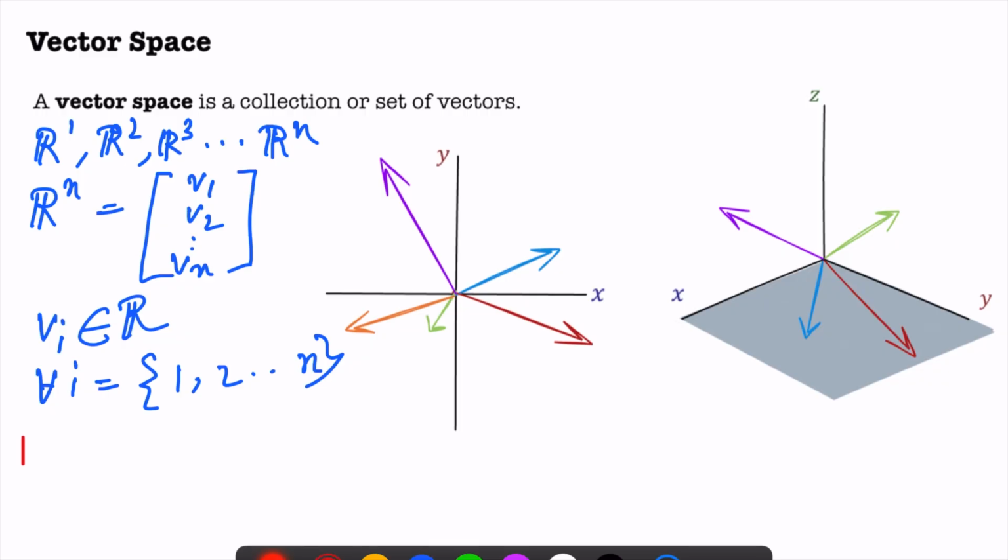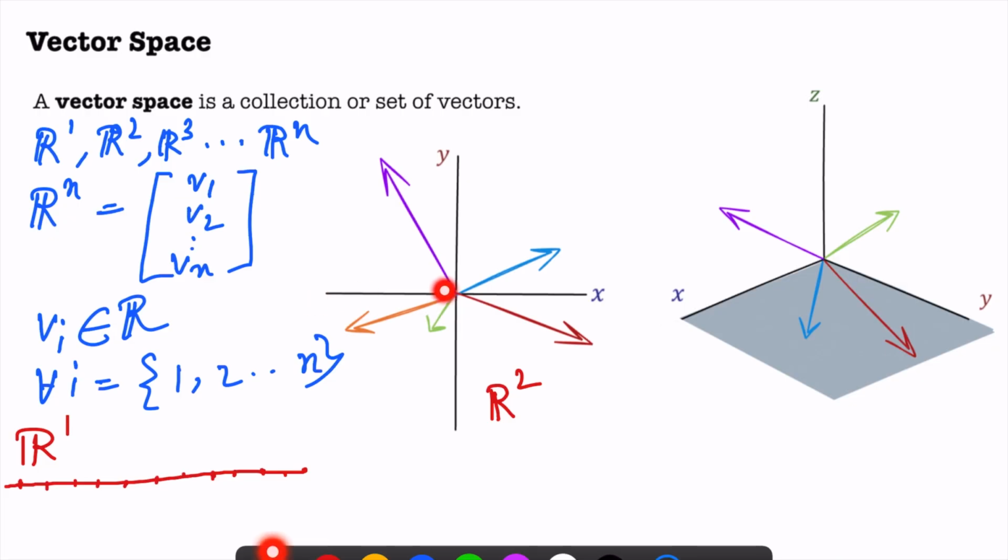Now what is R1? R1 is a line. It contains all the vectors with one dimension, or you can say the point vectors, and this line is the R1 vector space. Next, R2.